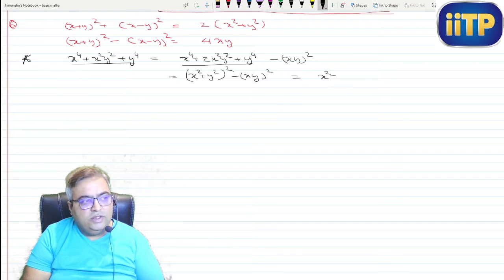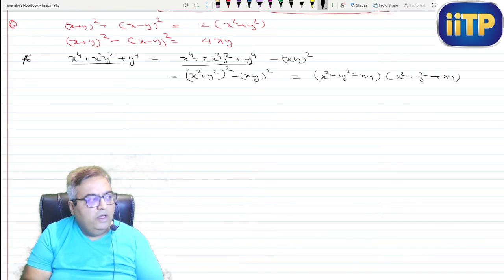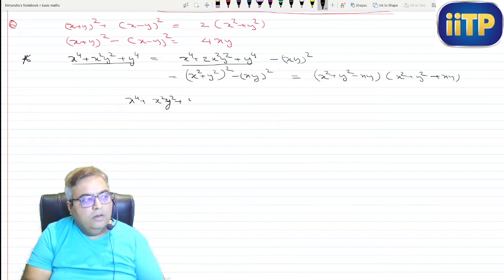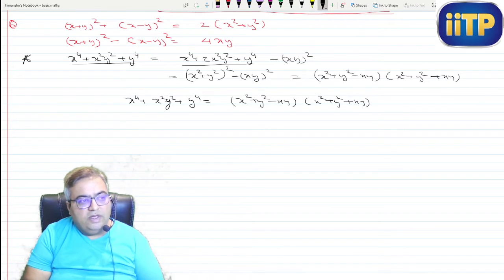So it is (x square plus y square minus xy) and (x square plus y square plus xy). Hence, the expression x to the power 4 plus x square y square plus y to the power 4 can be factorized into (x square plus y square minus xy)(x square plus y square plus xy).